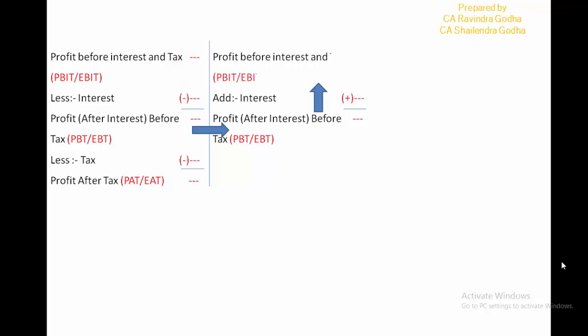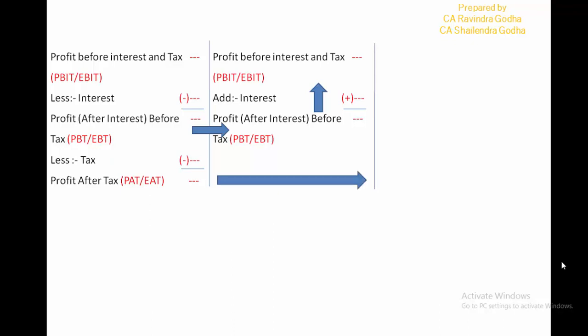In this relationship, we need the first value in the formula, but I explain this to you to solve certain situations. If profit before tax is given, then we have to go backward and add interest to it to get profit before interest and tax.